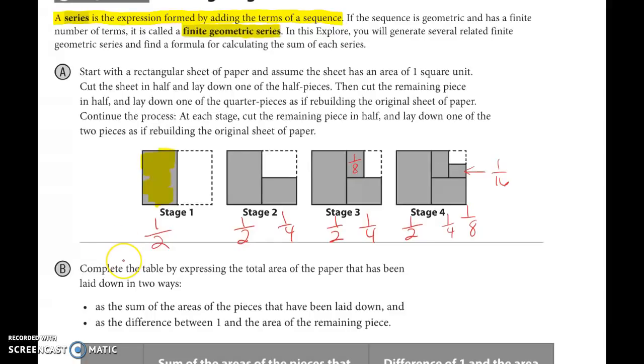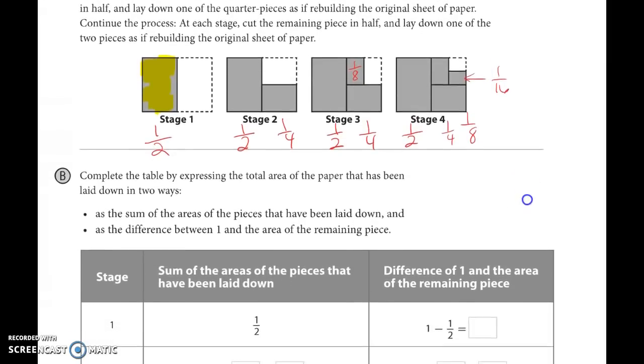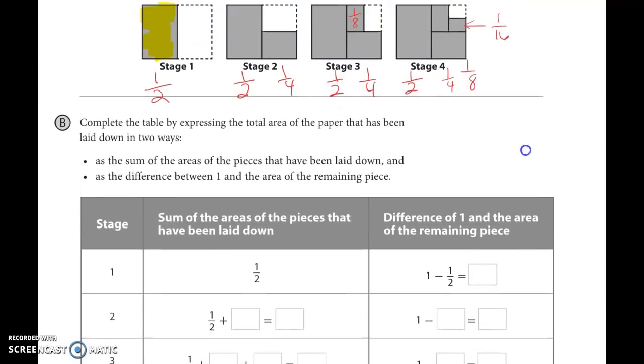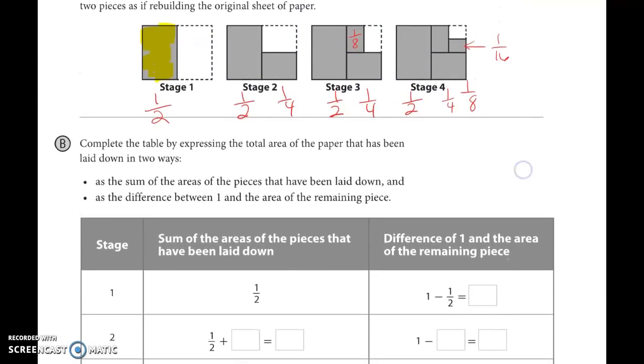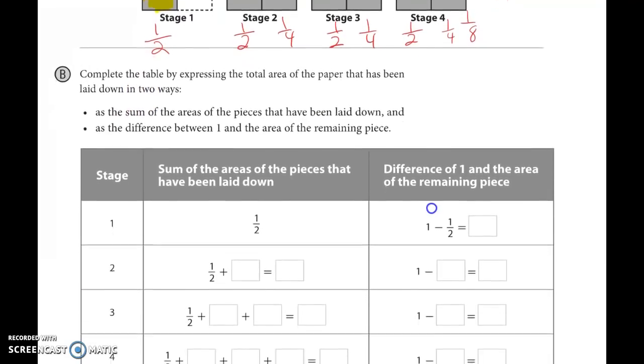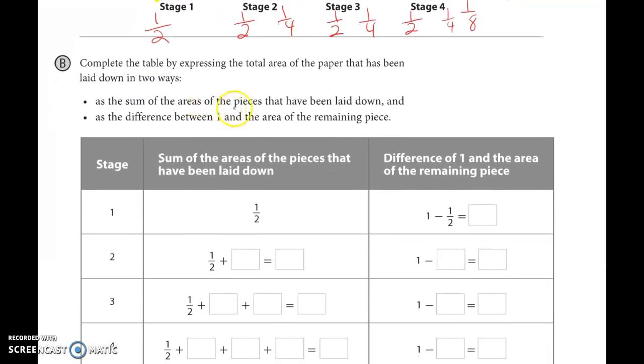So this is a geometric sequence because we have a half, then a fourth, then an eighth, then a 16th, and our common ratio is 1/2. We're dividing by 2 each time, or multiplying by a half. So it says complete the table by expressing the total area of the paper that has been laid out in 2 ways: as the sum of the areas of the pieces that have been laid down, and the difference between one and the remaining piece.